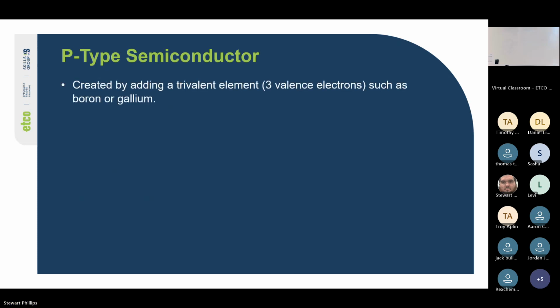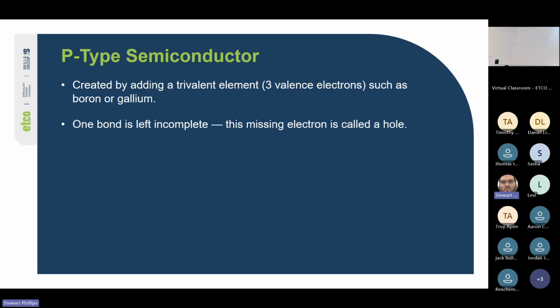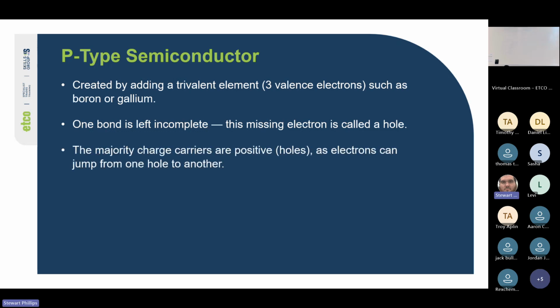So it's created by adding a trivalent element, an element with 3 valence electrons, such as boron or gallium. So one bond is left incomplete. The missing electron is called a hole. Cool. The majority charge carriers are positive, or holes, as electrons can jump from one hole to another.